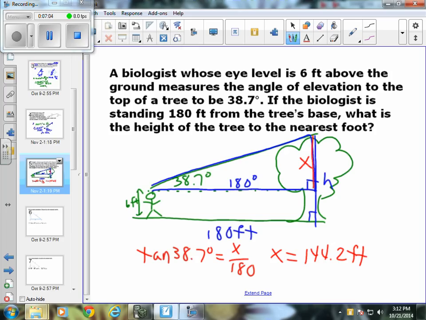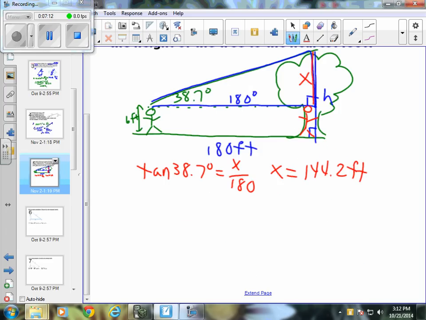Now, is that the height of the tree? Well, no, because he was doing that from 6 feet tall, so remember, same thing as he's standing over here, so we need to add our 6 feet onto that, which is that height, so we'd be at 150.2 feet, or just about 150 feet tall.